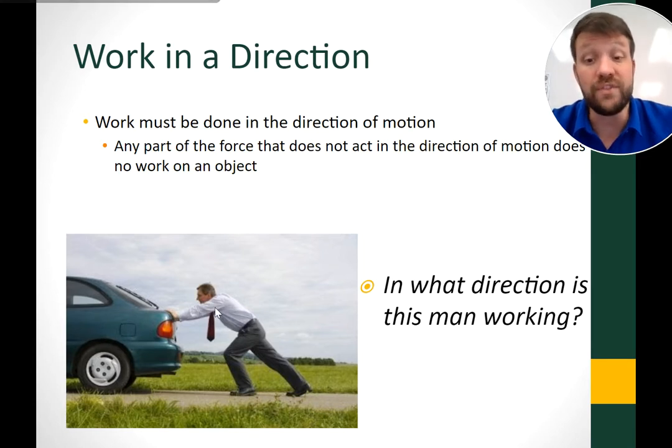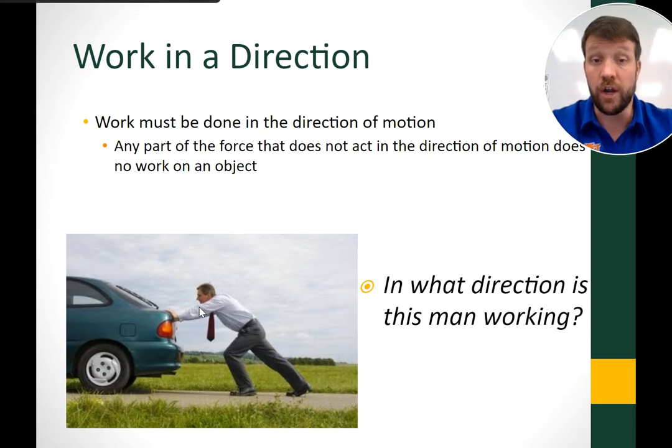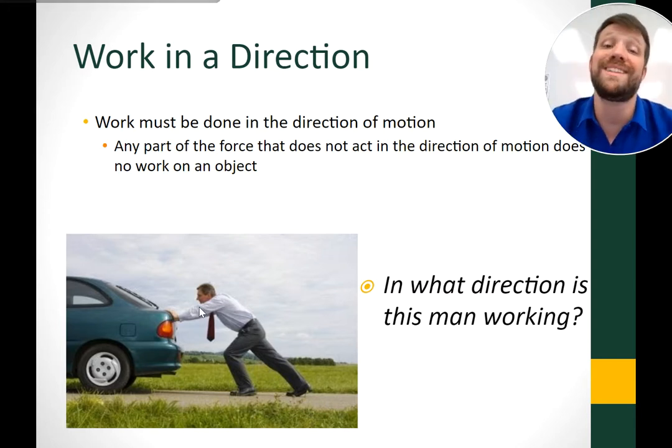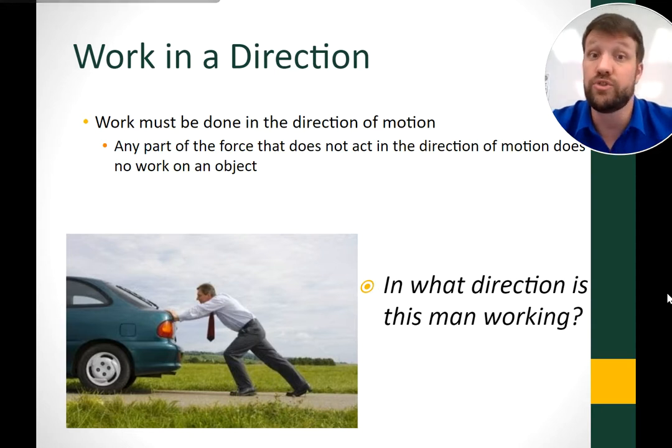Okay, so we have some portion of this force actually pushing downwards, whereas it looks like most of it is likely pushing in the negative horizontal direction. We would need to find some way to determine the horizontal component of this force if we were to determine the work he was doing while pushing the car, because we can't use the entire force unless it's all in the given direction. That's really important, and we will revisit that coming up here soon too.